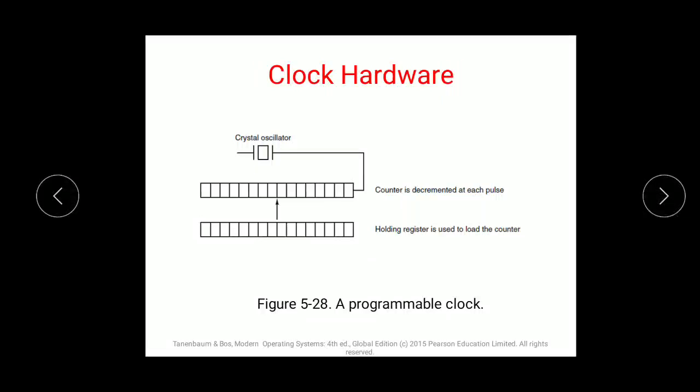A quartz crystal under tension produces a periodic signal of very high accuracy, usually in the range of several hundred megahertz to a few gigahertz, depending on the crystal chosen.